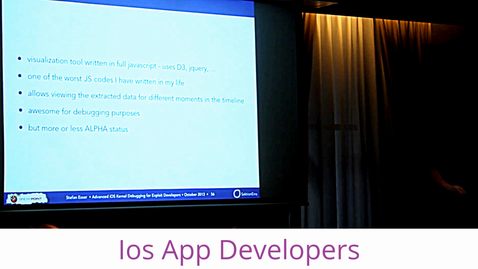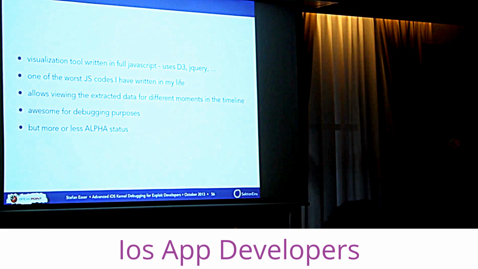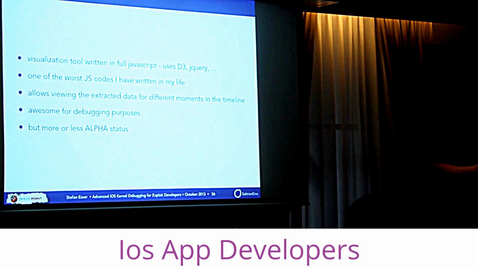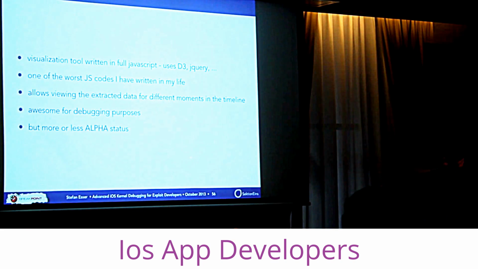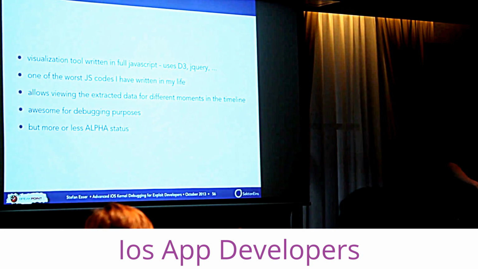Yeah, it's really awesome during creating a kernel exploit because suddenly, for example, you don't understand why your exploit is not working, and you feed it to the heap visualization tool, and then you see, wait a second, why is this block allocated that's not supposed to be there? And then you can see who allocated it, and then you can change your kernel exploit.